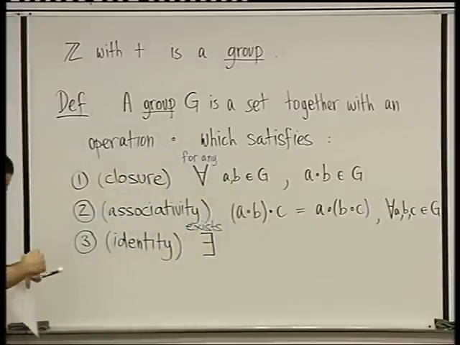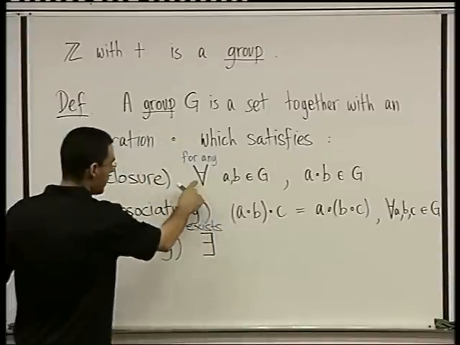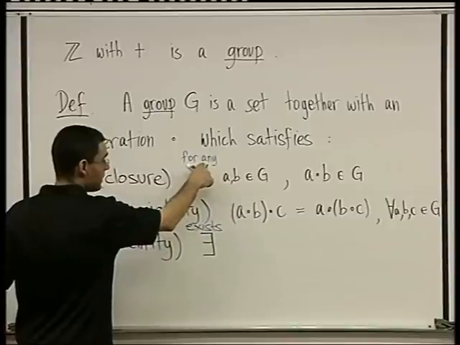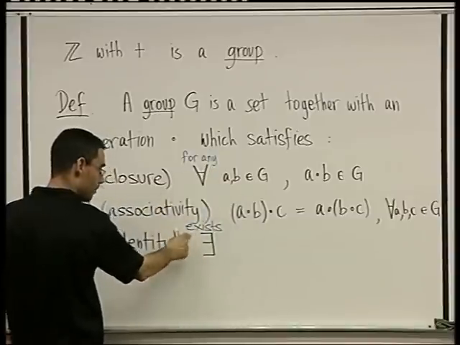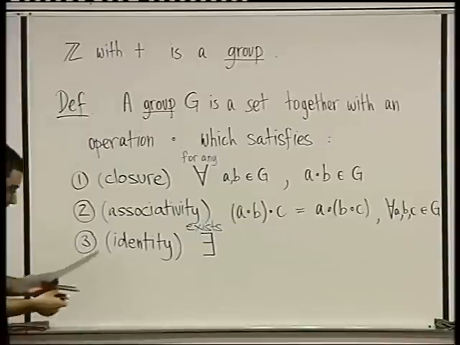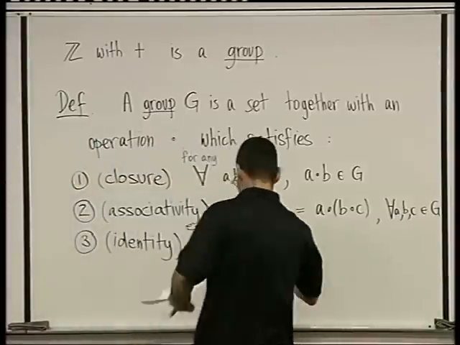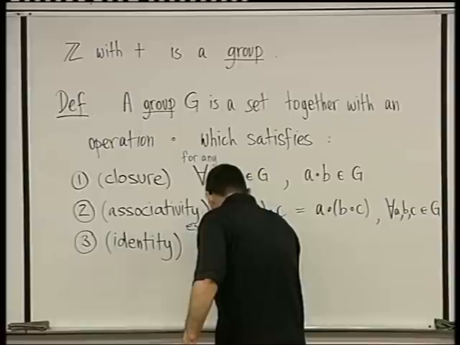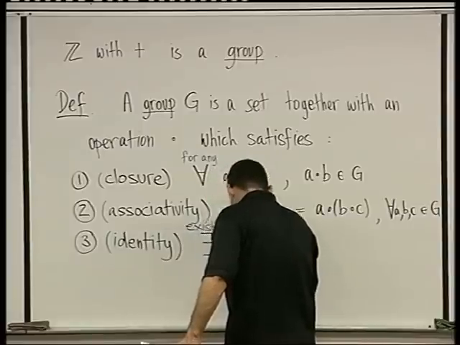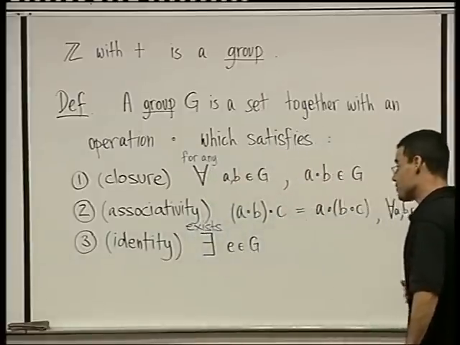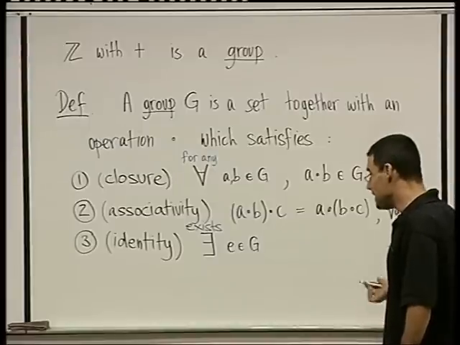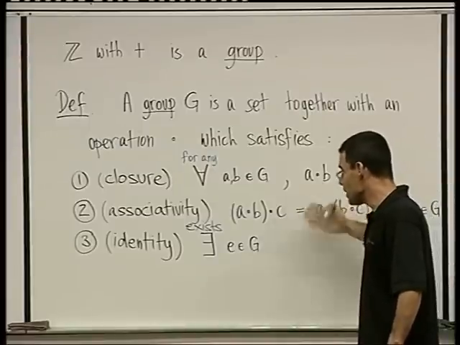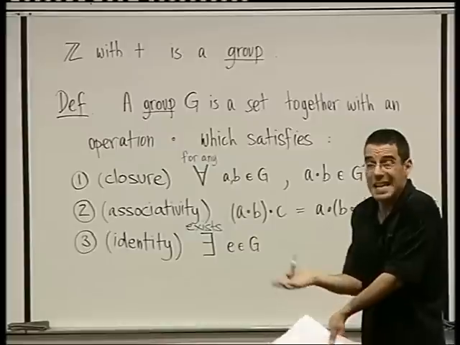There exists, and you can remember it because for any is an upside down A and exists is a backwards E. Okay, there exists an element which we usually call little e in the group, which serves as an identity, meaning that the operation doesn't sense it.